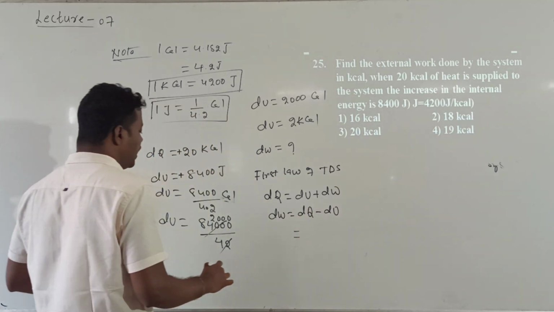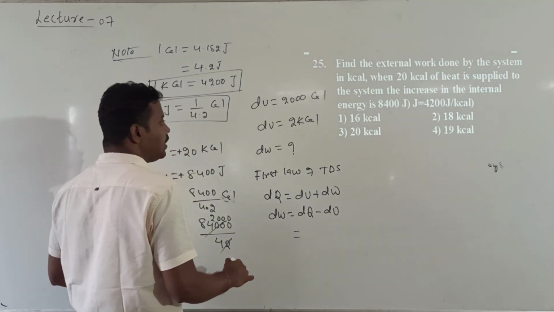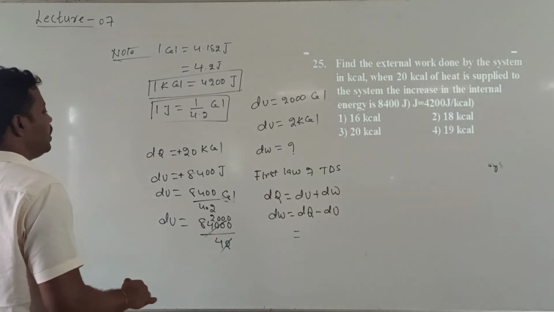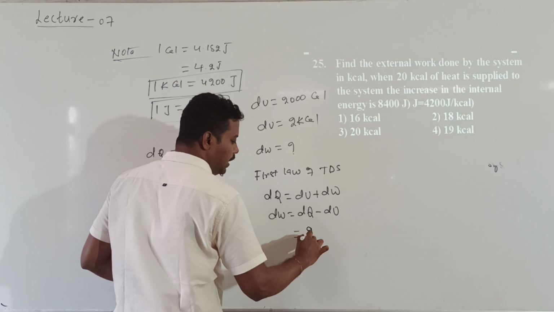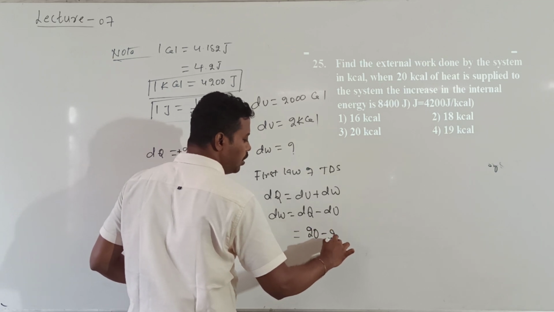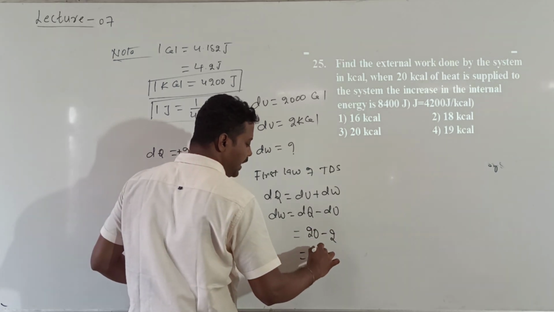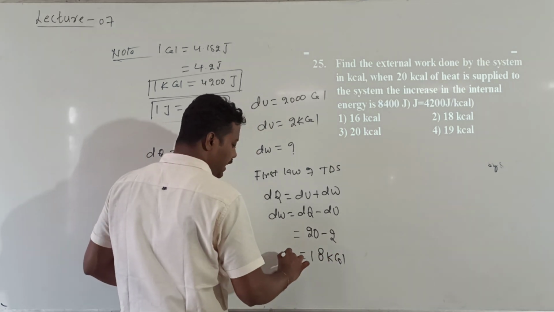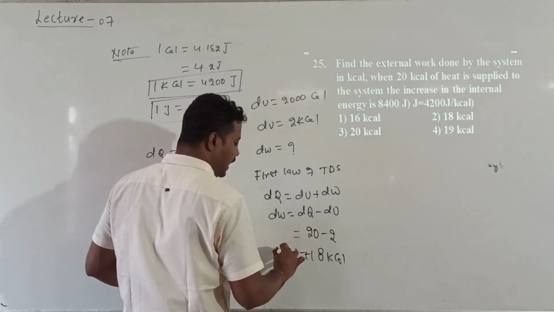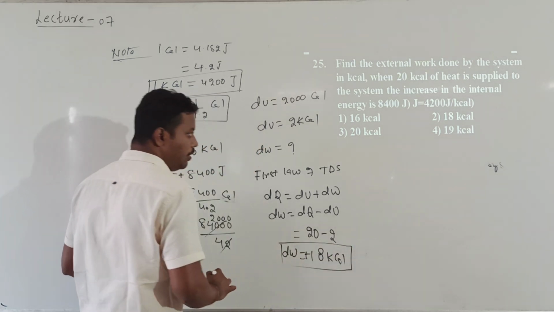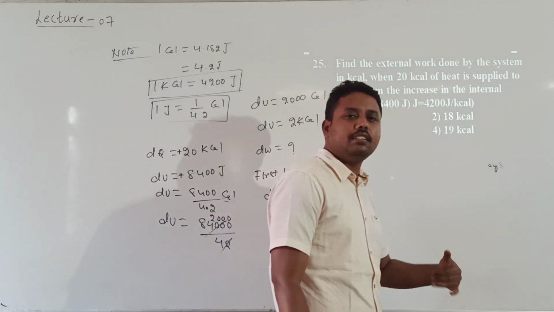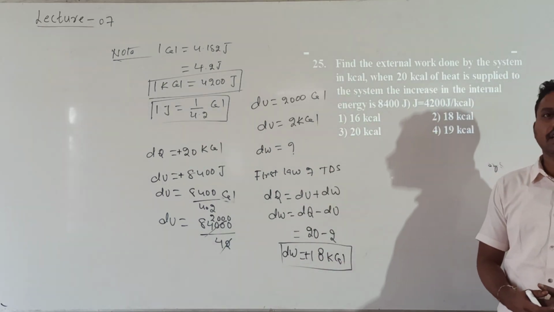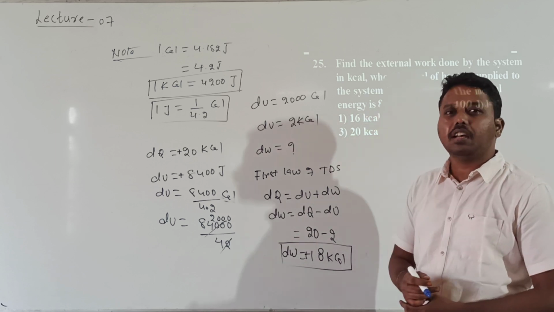That is 20 kilocalories minus 2 kilocalories, which is 18 kilocalories. Is dW positive or negative? dW is positive, which means work is done by the system. Sign convention understood?